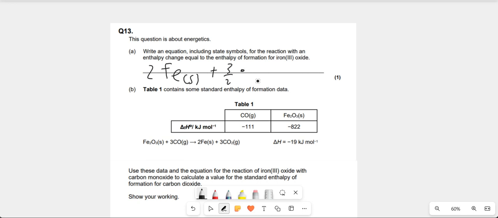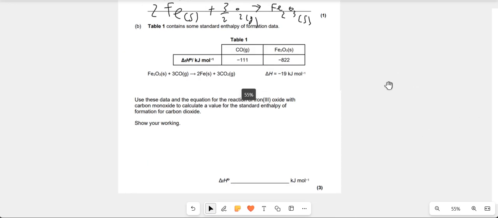I'm assuming you might know how to balance it. Essentially, all it is here is iron from its standard state, which is solid, plus oxygen, which is normally a gas, gives you Fe2O3. That's it, and then you just balance it.